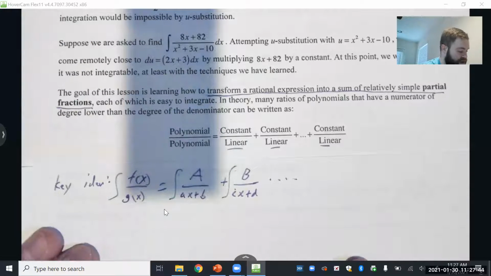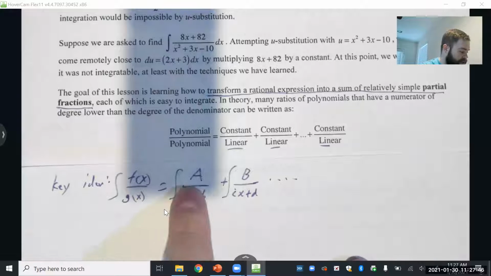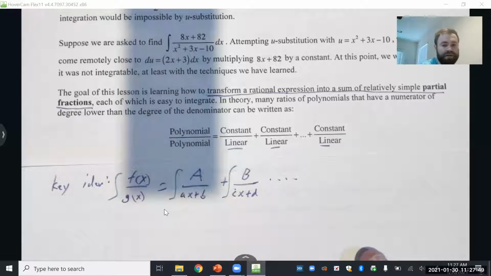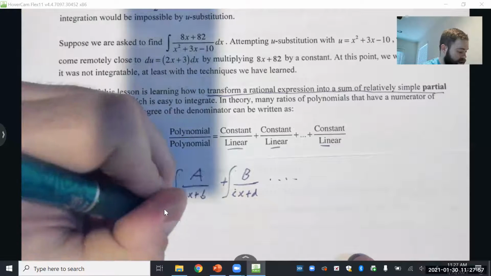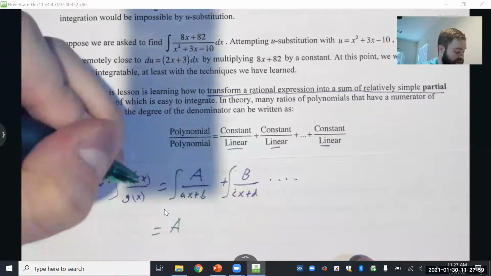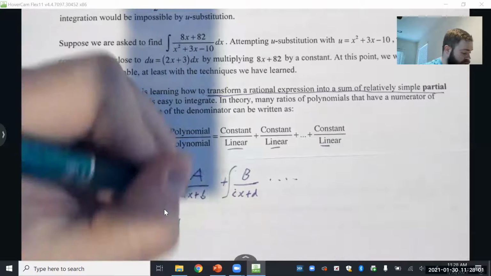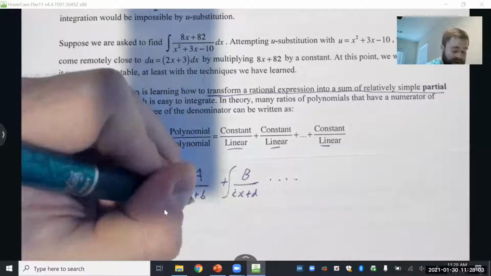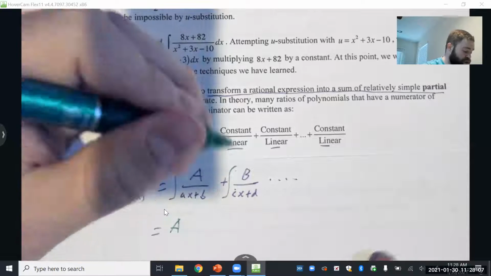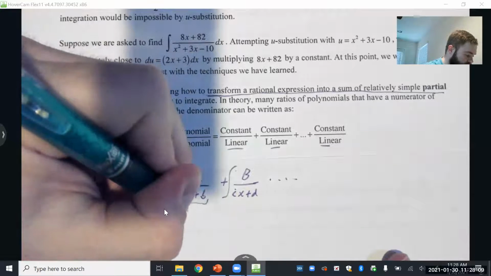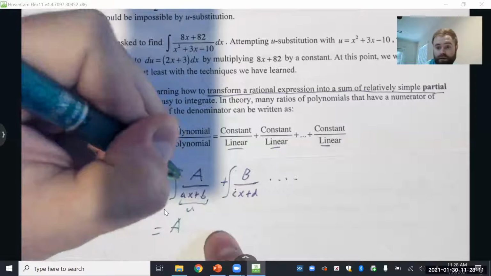If we're now integrating this, the capital A and the capital B are essentially just constants being multiplied. So that A would still end up being multiplied, and we have 1 over ax plus b. Well, you could do u sub with that, and you would call the denominator u.